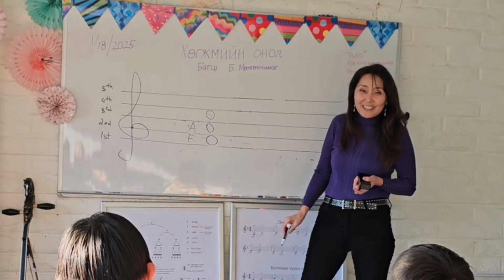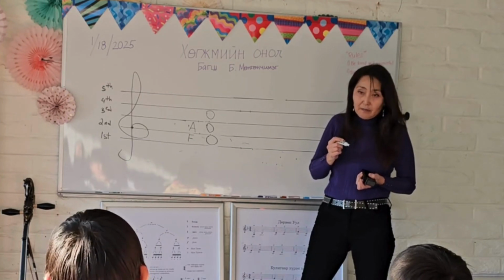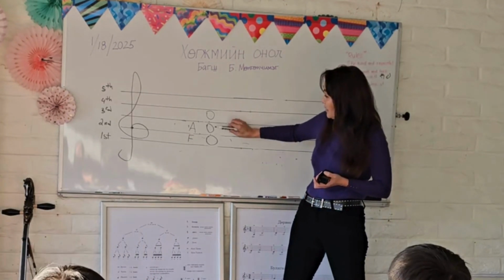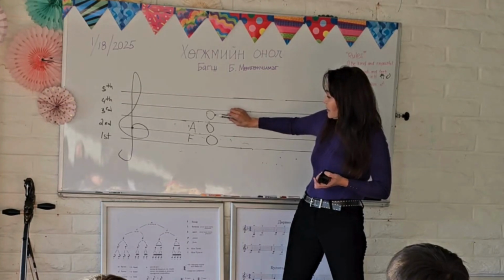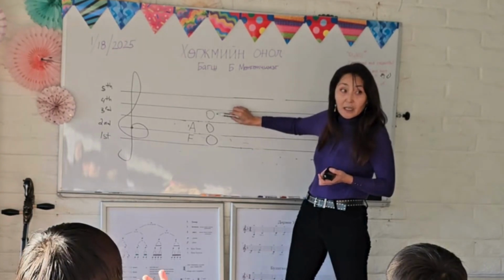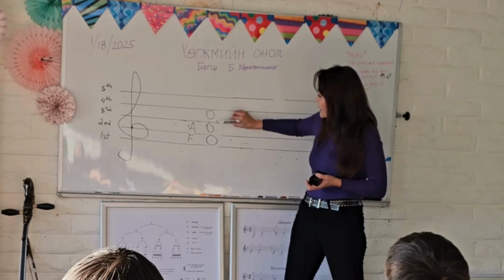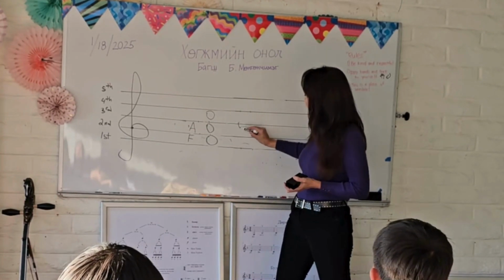See, now you know it's better. Let's see everybody else. Just think about what we just learned. We started from A, and what would this note be? Since you know A, it should be easy. B. B will be on the line. Exactly. B will be right here.